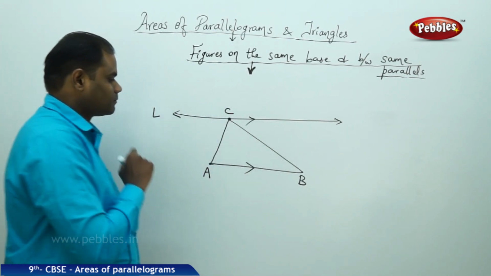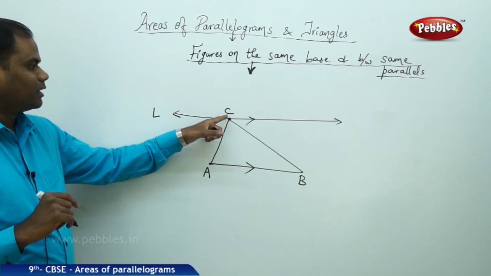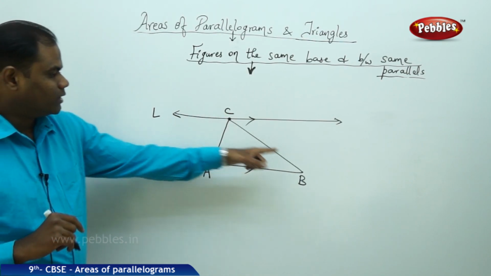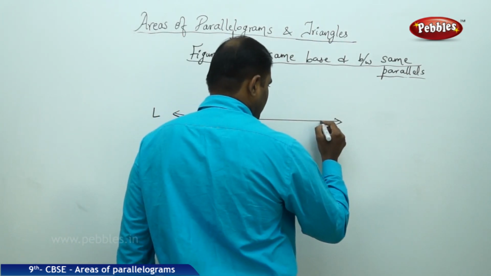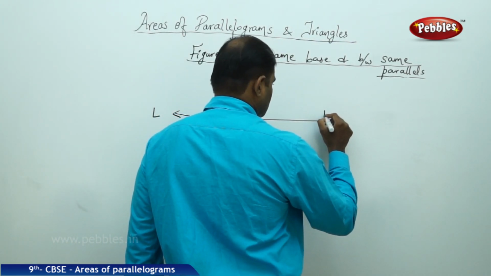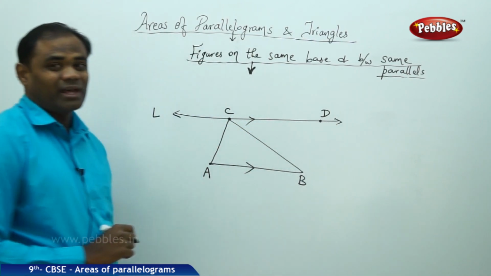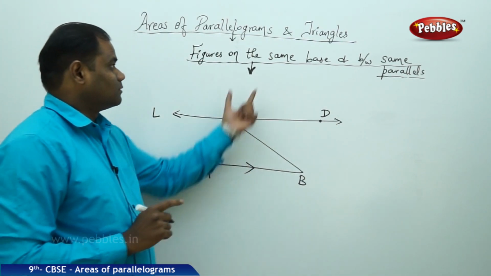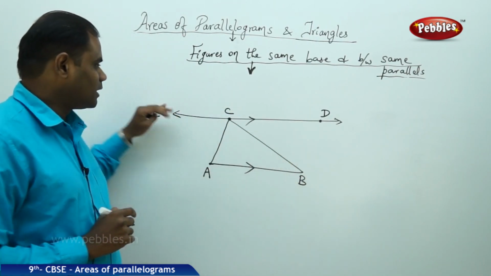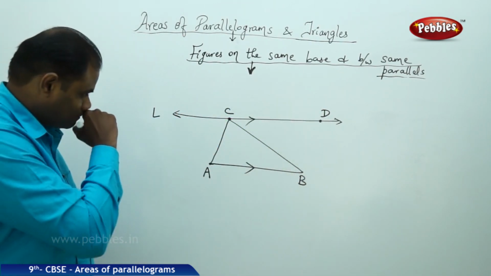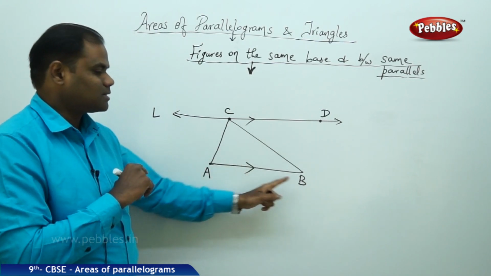Let C be the point from the parallel line where a triangle is formed. Let me take another point D where I would draw a triangle provided with the same base. So between the same parallels AB and the line L, I have a triangle ABC with the base AB.